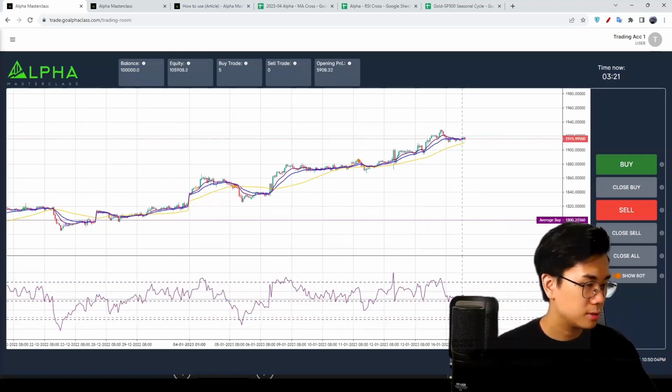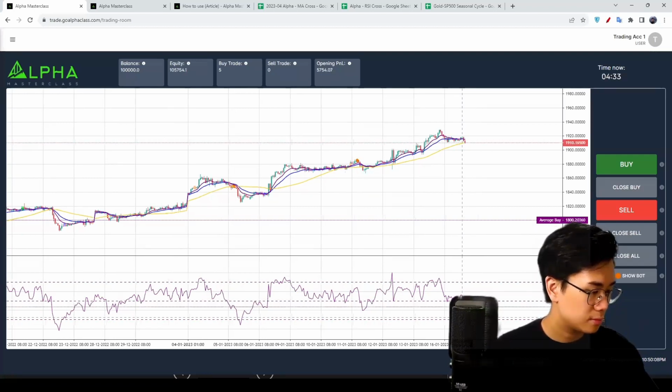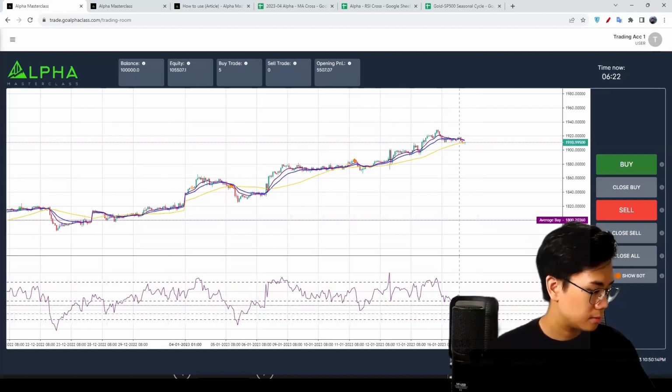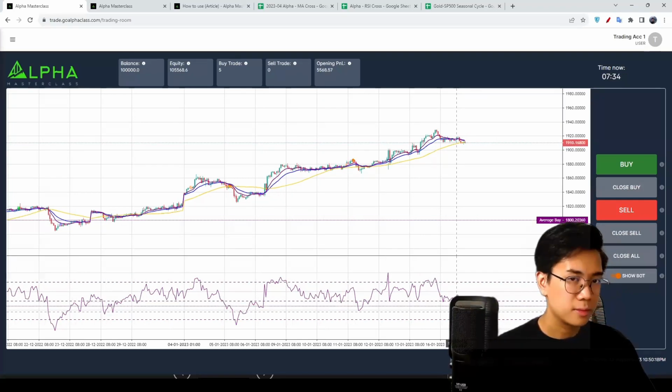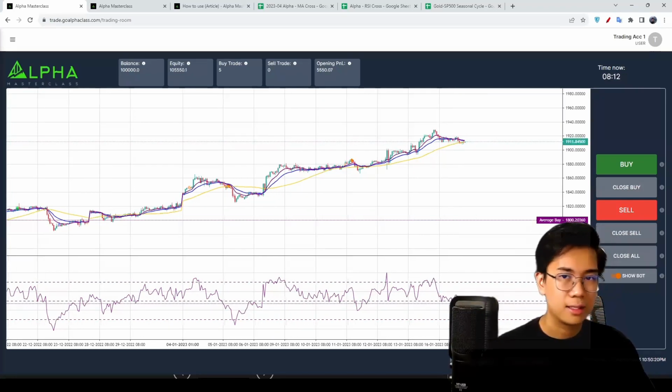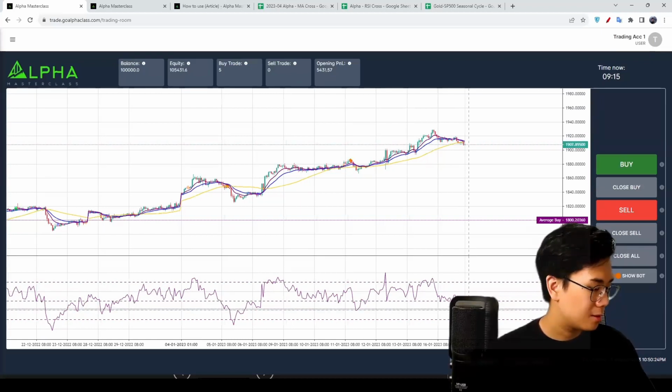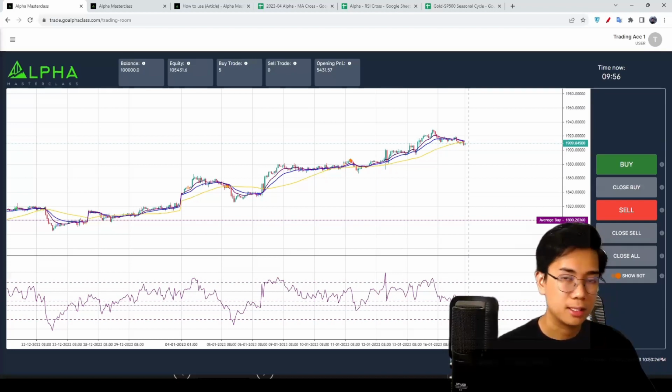So how do you save yourself? Can buy at RSI mid level? Can, no problem. That is the thing that I want you guys to see.